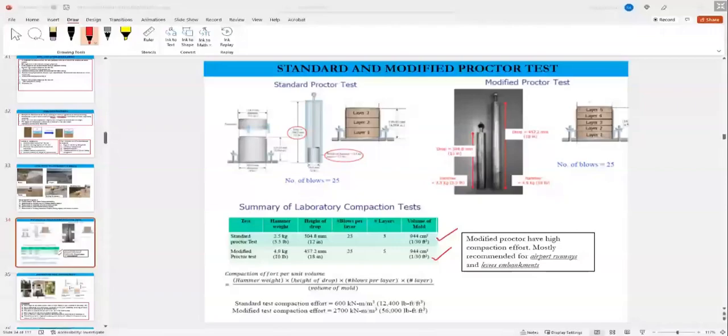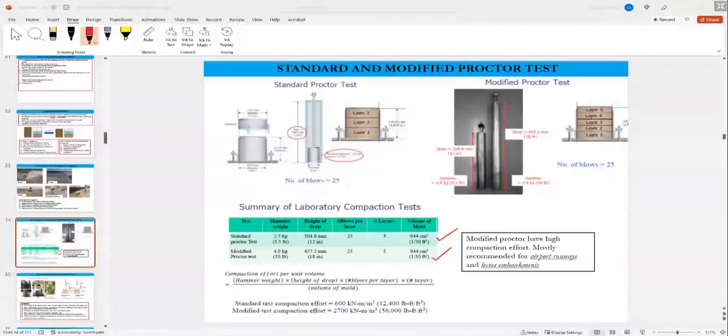I think for areas where you expect heavier loads, you're going to use the modified, and the ones that are just regular loads, we are going to use the standard. That's the thing. So in other words, if I use standard, I'm to use more compactive effort.